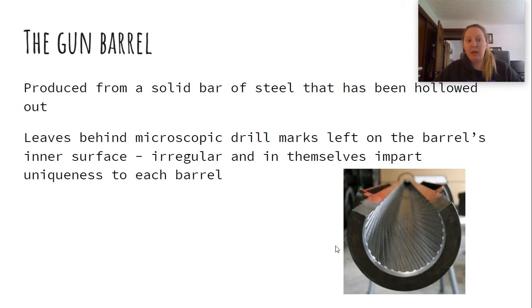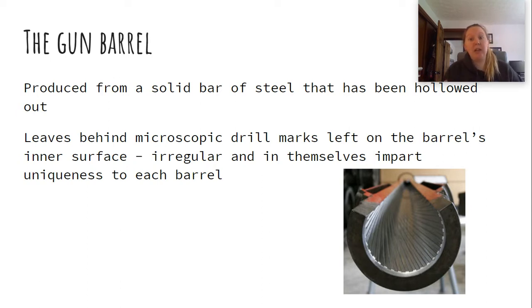The gun barrel is produced from a solid bar of steel that has been hollowed out. It leaves behind microscopic irregularities and drill marks on the particular barrel that can impart the uniqueness of one barrel from another, from each manufacturer. Gun manufacturers do have to register their rifling process with the NRA.